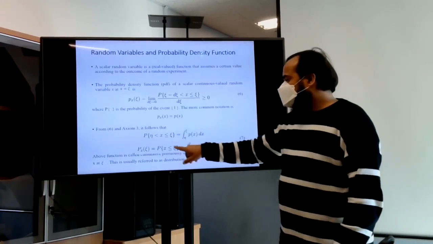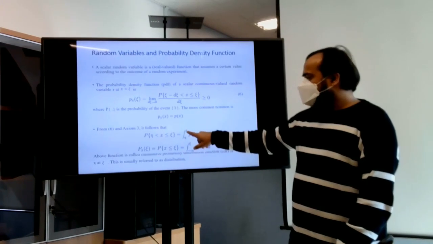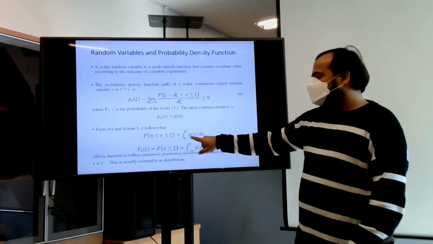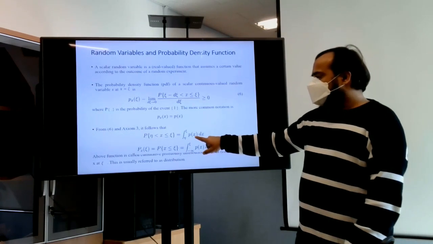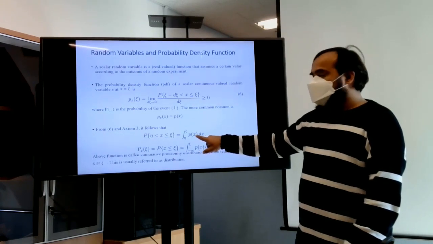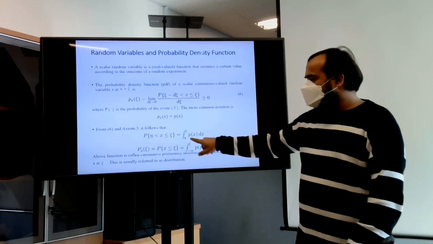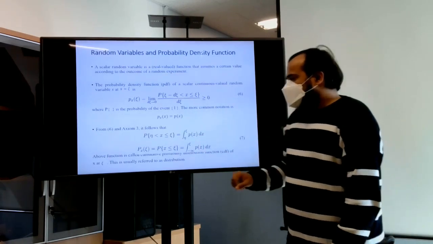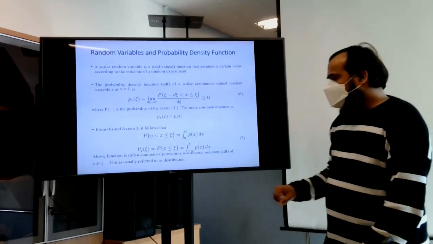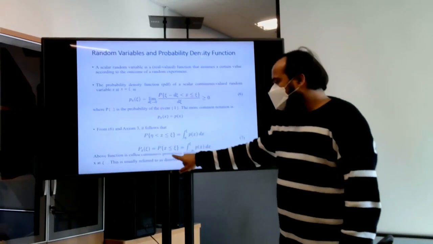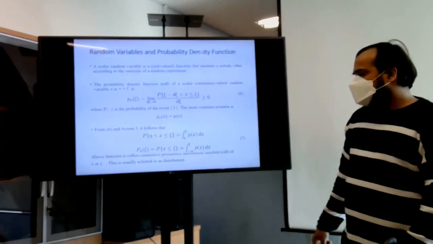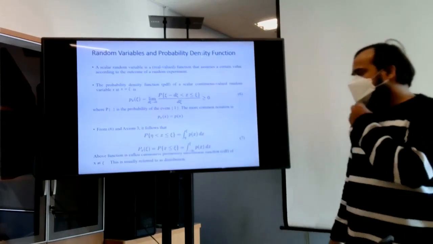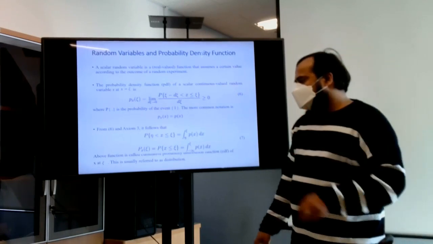So the integral from eta to epsilon is the integral of the PDF of the random variable. We also call this thing a distribution. So the above function is called the cumulative probability distribution function of x at epsilon, and this is usually referred to as the distribution.